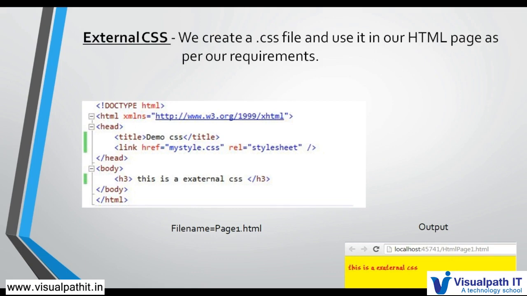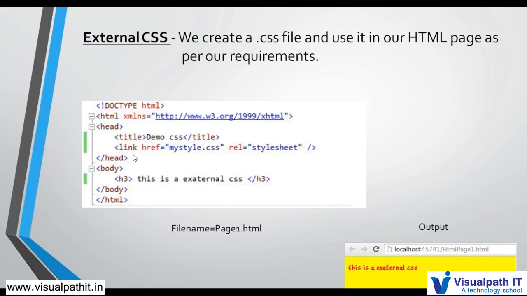For example, take a new file in Notepad, write your CSS, and save that file with the file name .css. Give your file name, then change the extension to .css. Then save it to the folder, then link that CSS file to the existing HTML document in the head tag.